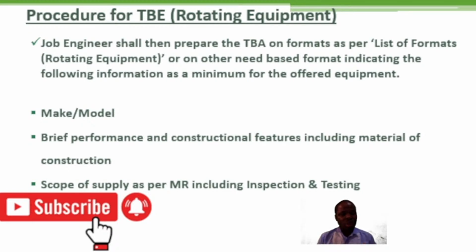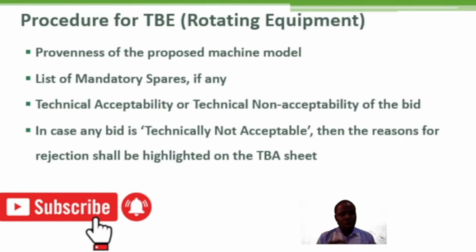And then, like I mentioned, you are also going to look at the scope of supply, as per MR, as per your material requisition. You will check the provenness of the proposed machine model, the list of mandatory spares, as your vendor submitted the list of mandatory spares, if any. Now you will check the technical acceptability or technical non-acceptability of the bid.